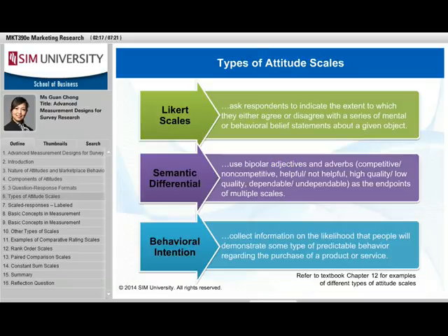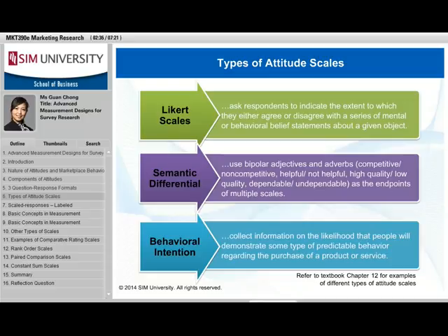There are three types of attitude scales: Likert scales, semantic differential scales, and behavioral intention scales. Likert scales ask respondents to indicate the extent to which they either agree or disagree with a series of mental or behavioral beliefs statements about a given object.